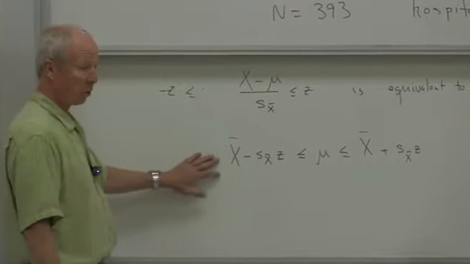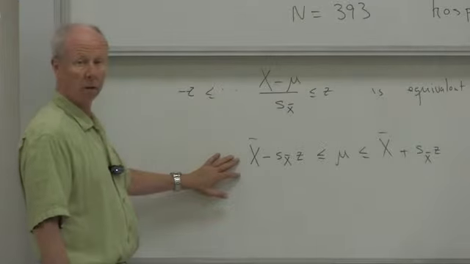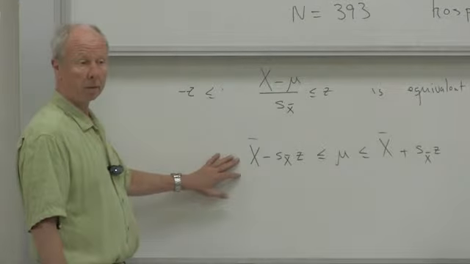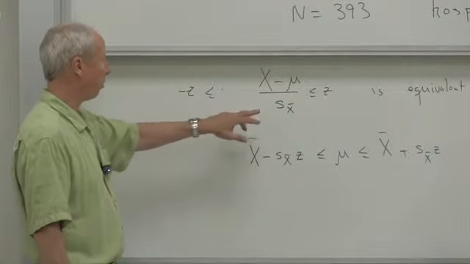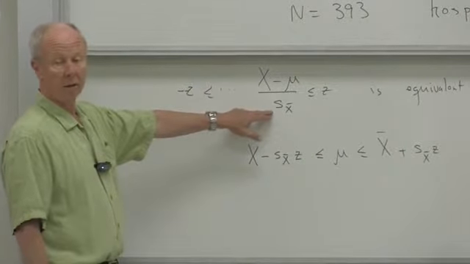This pair of inequalities is equivalent to this one. Why is that? You just solve this inequality for mu. What's the first step? Multiply by the denominator here.